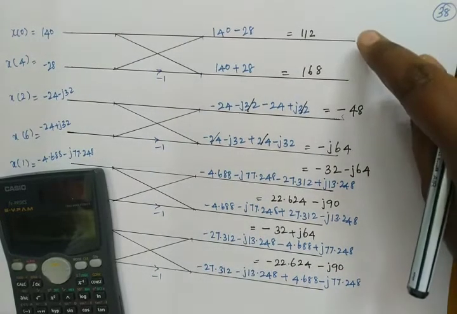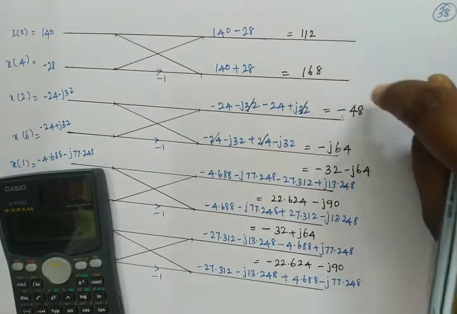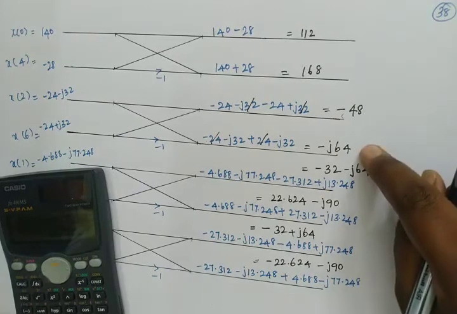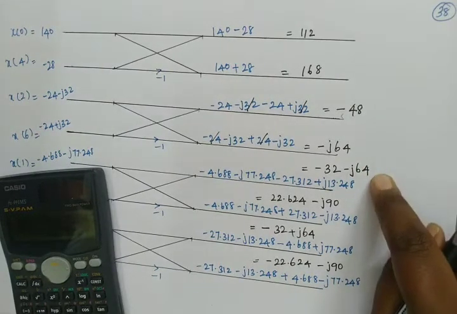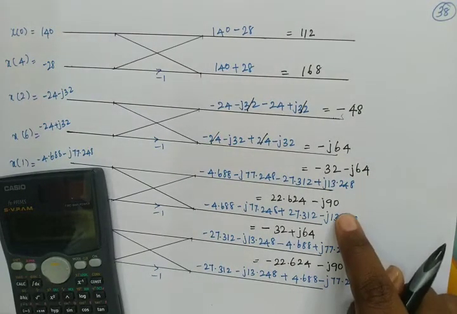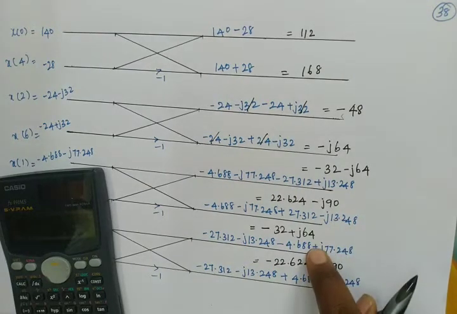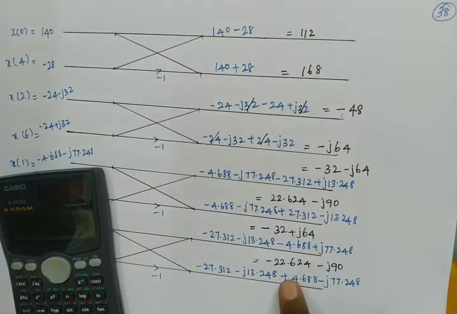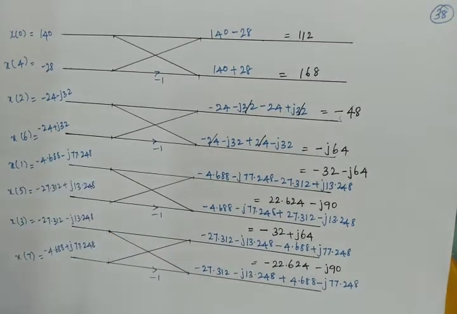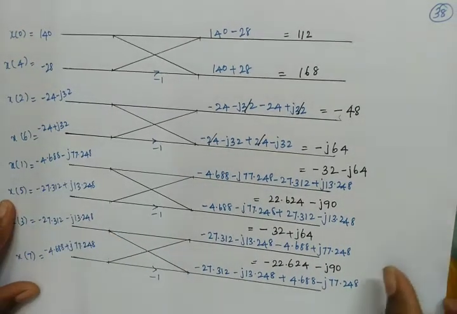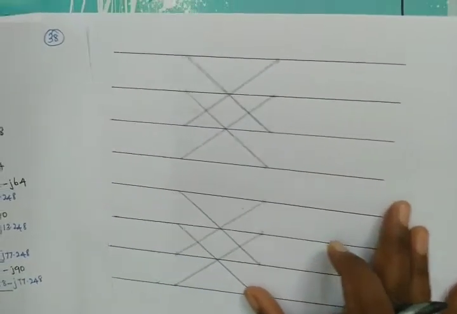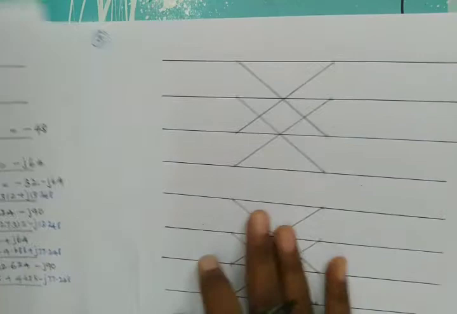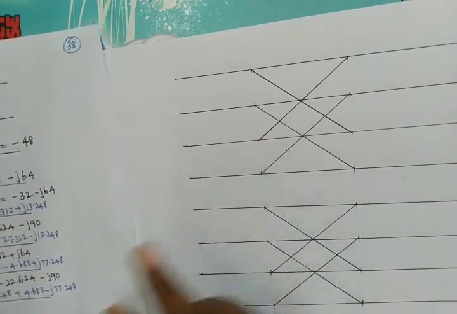Now check this answer. Here it is 112, 168 minus 48 minus j 64 minus 32 minus j 64, 22.624 minus j 90, minus 32 plus j 64, minus 22.624 minus j 90. So this is the answer for this step. Now what we have to do? Take this answer as an input to the next stage. So let us copy this from here to the next stage.